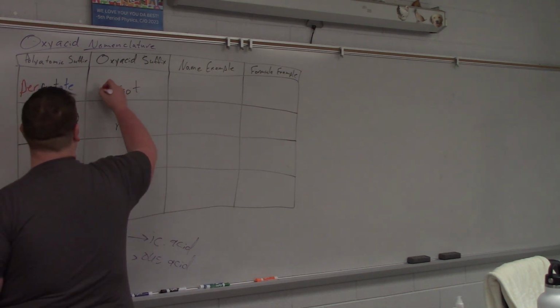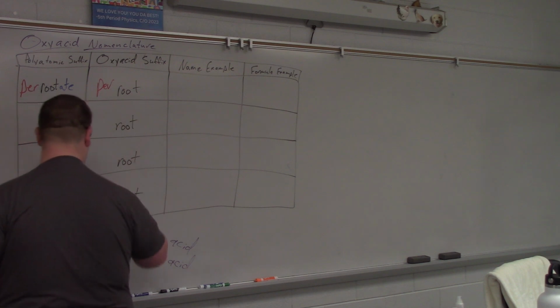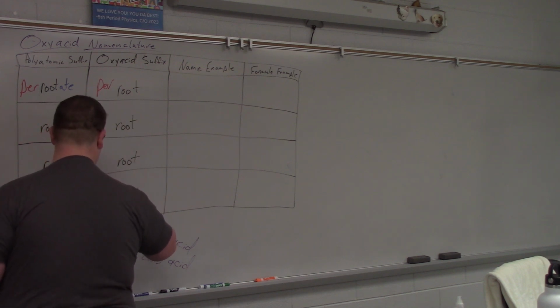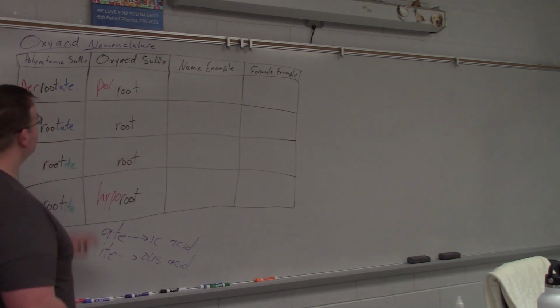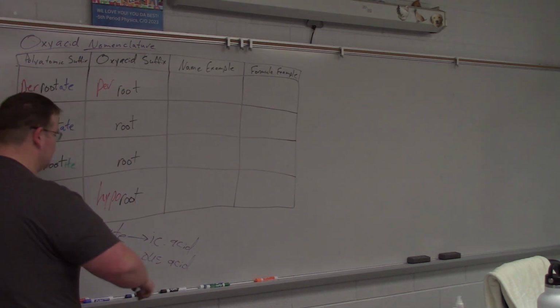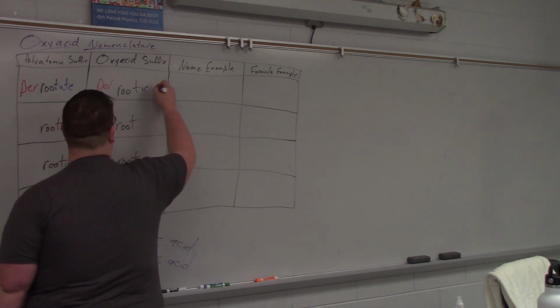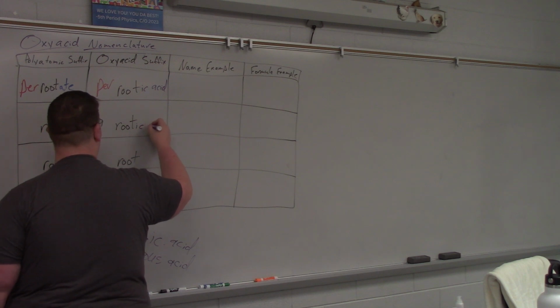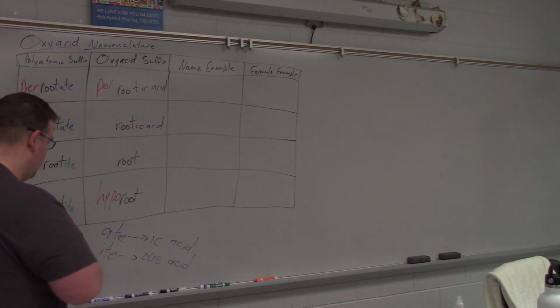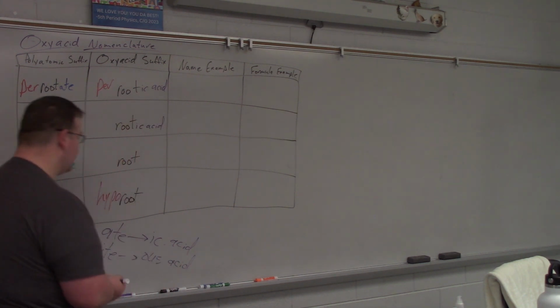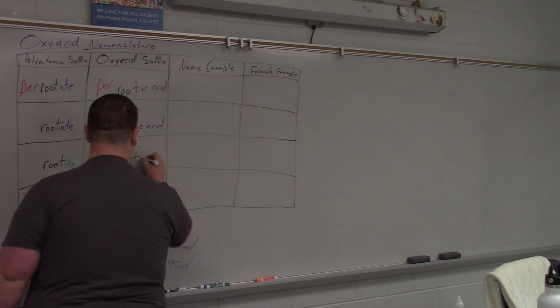And we still have the prefixes on the ones that have the prefixes. But now the difference is in this ending. So if it ended in ate, it now ends in ic acid. If it ended in ite, it now ends in ous acid.